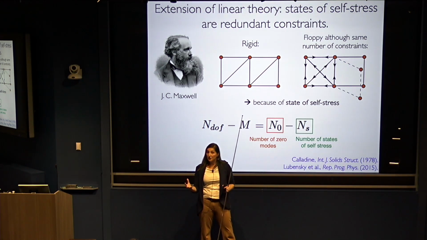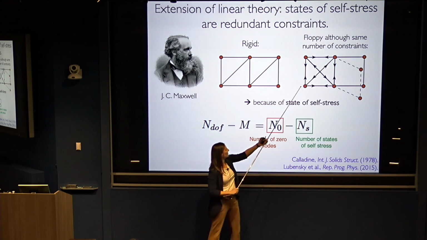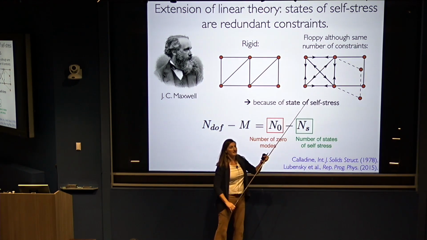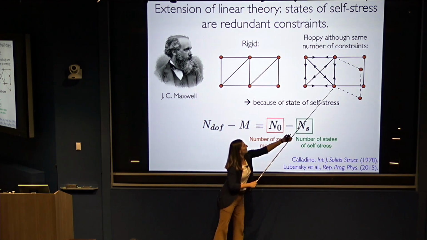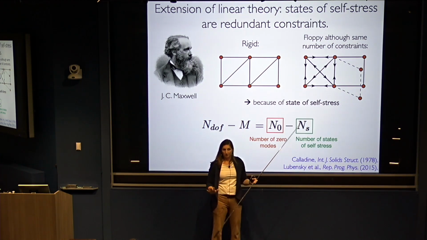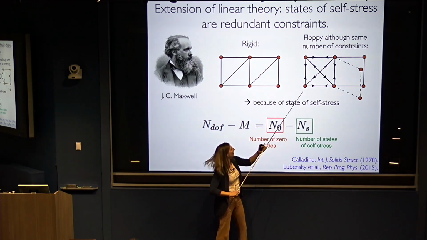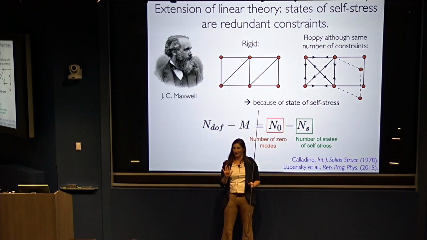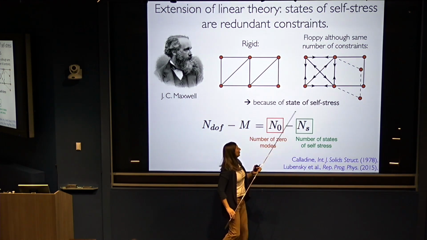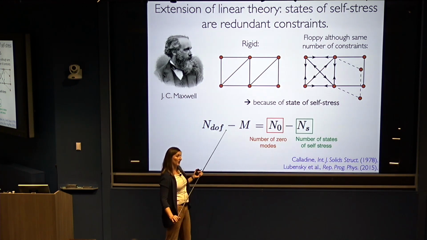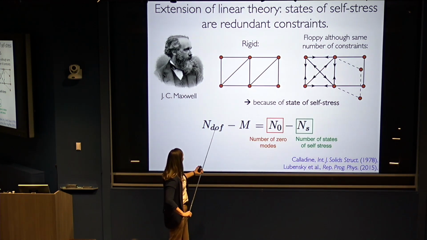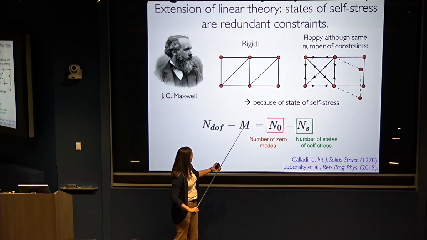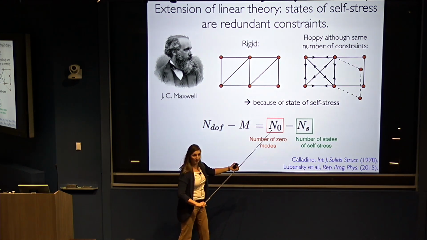And a state of self-stress is basically a set of tensions on these bonds that leave the vertices unchanged. Okay? So I can put tensions. You can imagine I could put tensions on this object and it would still stay in exactly the same place. Okay. So now we have to all change our counting. So before, we said that the number of degrees of freedom minus the number of constraints equals the number of 0 modes.